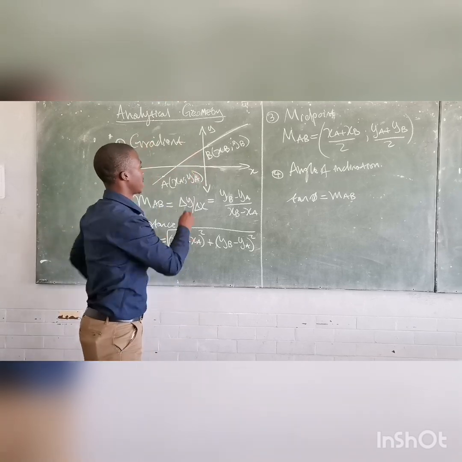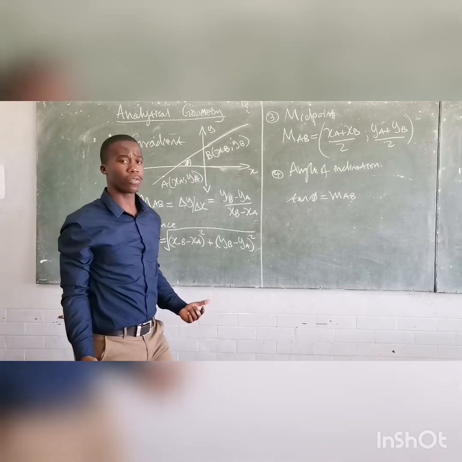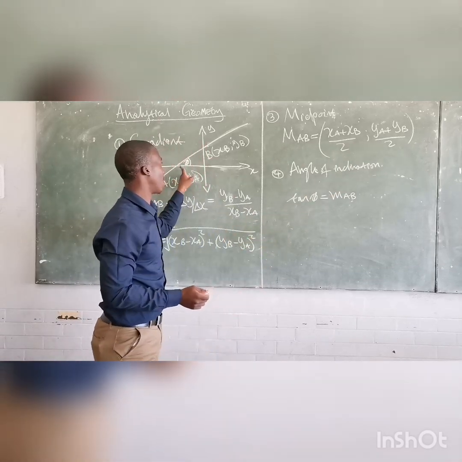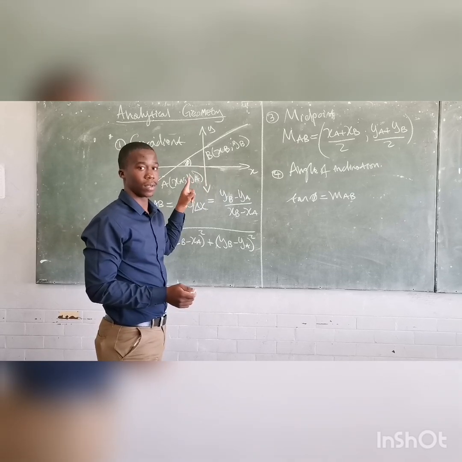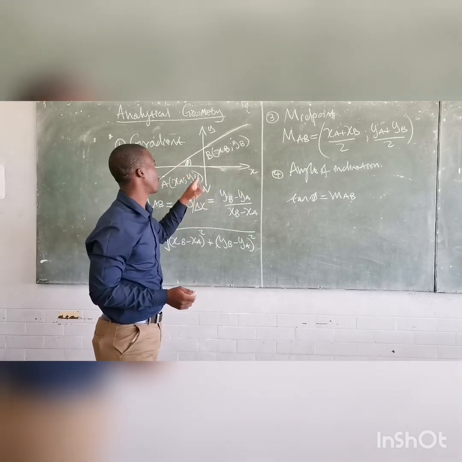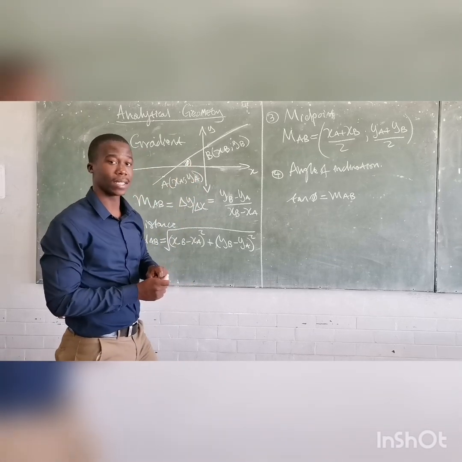We are required to find the angle of inclination. It is measured adjacent to our x-axis, so it will always be adjacent to your x-axis. So how would you find this angle, right?